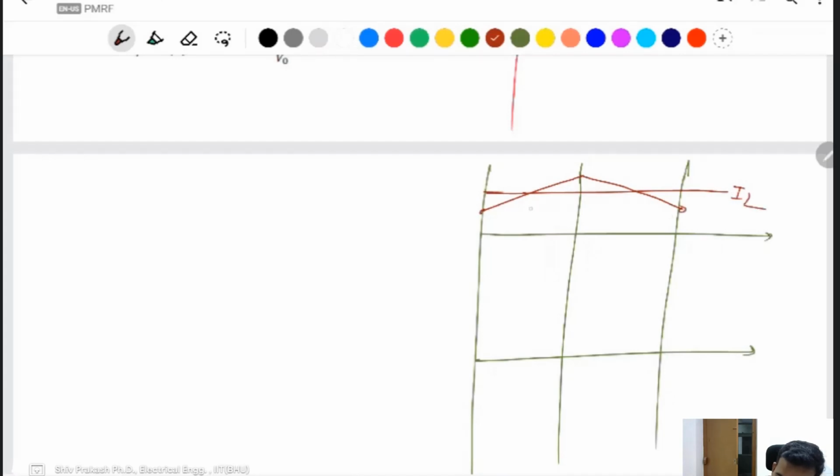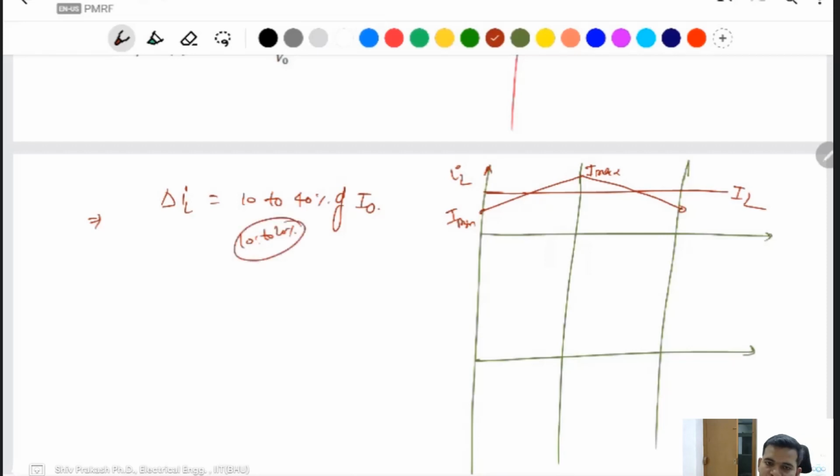The current varies from I minimum to I maximum. Delta IL is about 10 to 40% at maximum of I naught, but in practical cases we take only 10 to 20%. And this variation is very small.